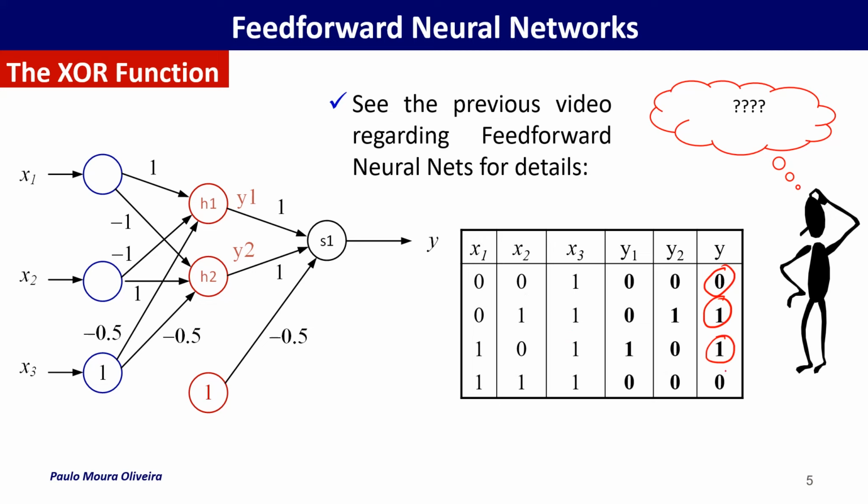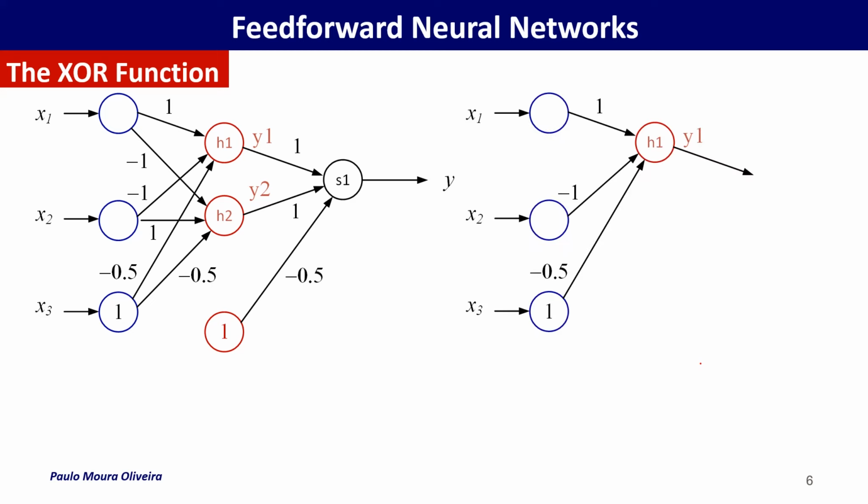Okay, so now we are going to see the result for each discriminative line for each neuron. If we consider just this one, the output for the hidden neuron 1, this is the network that we are interested in.